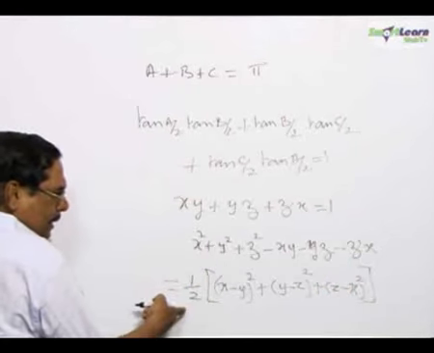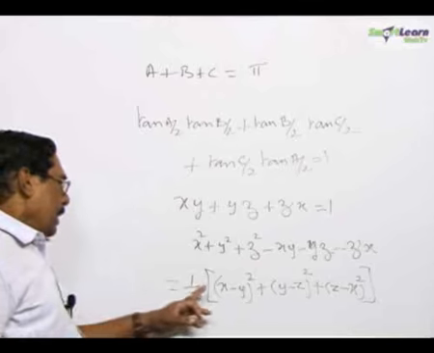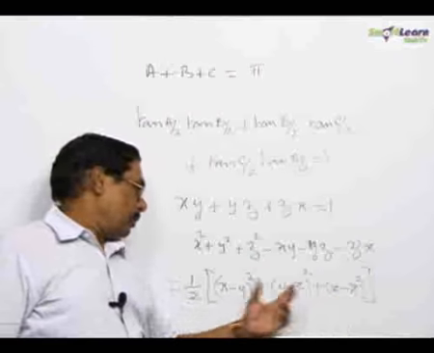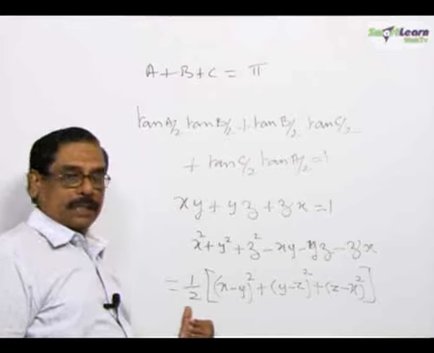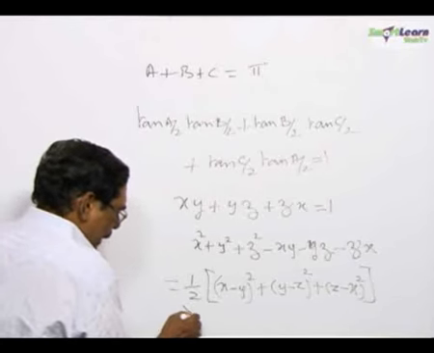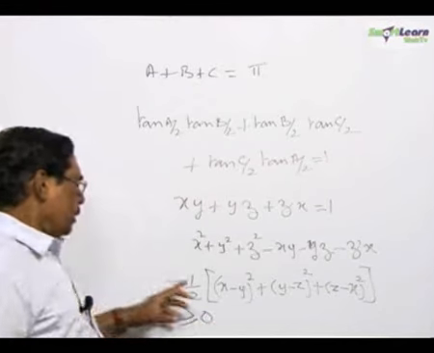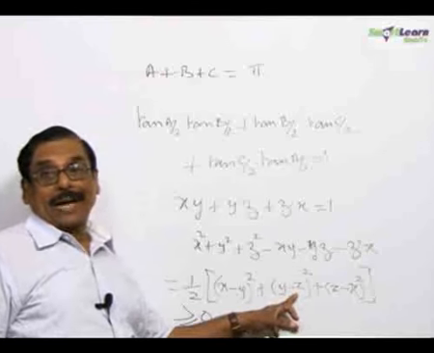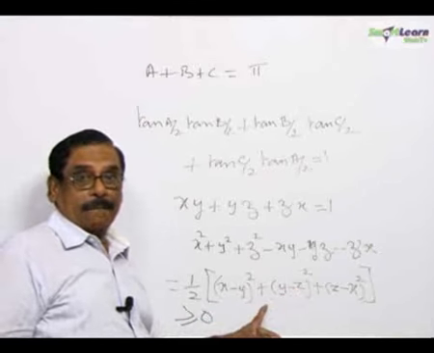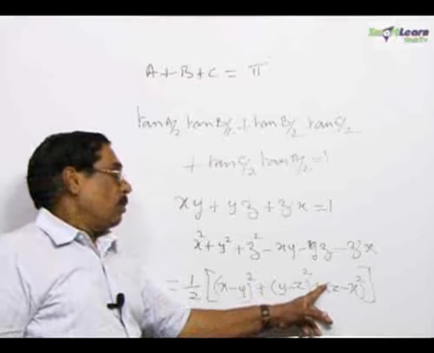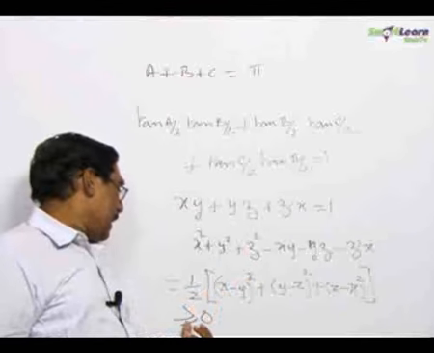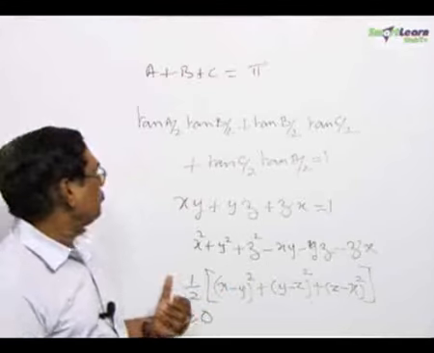This is equal to this result. Now each term here is positive, being a square term. Therefore, this must be greater than or equal to 0, since each contributory factor in this bracket is a square term that cannot be negative. Minimum it can be 0, for which I have counted here equal to 0.